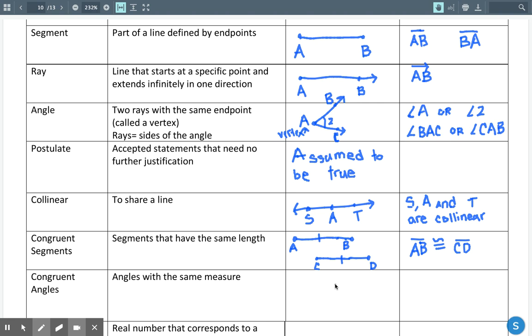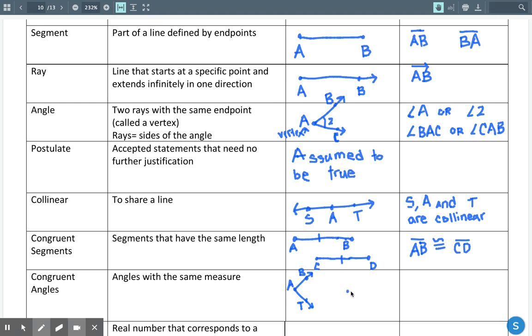Okay, getting close. Two more here. The next one is congruent angles. Same thing. Congruent means the same. So this just tells me that I have two angles. So I'm going to draw one angle here. And let's label this B, A, T, just for fun.